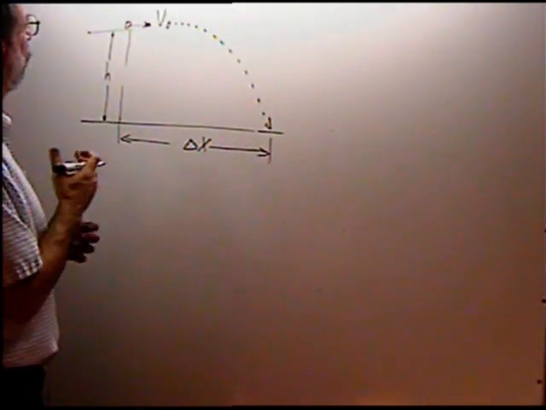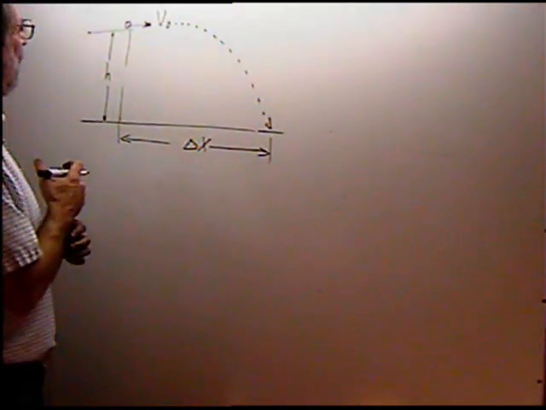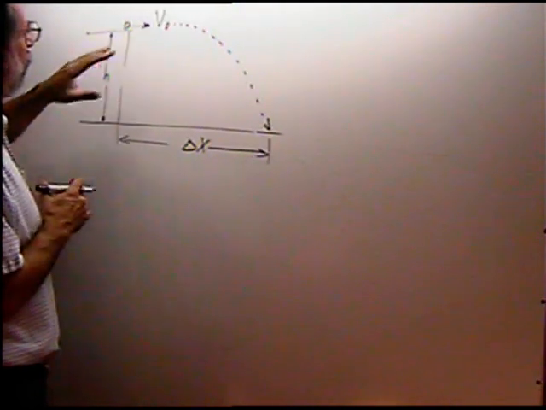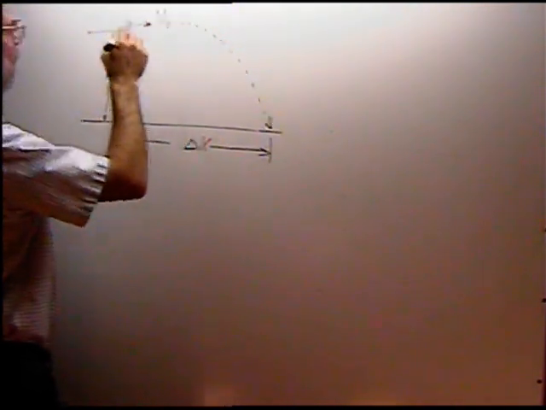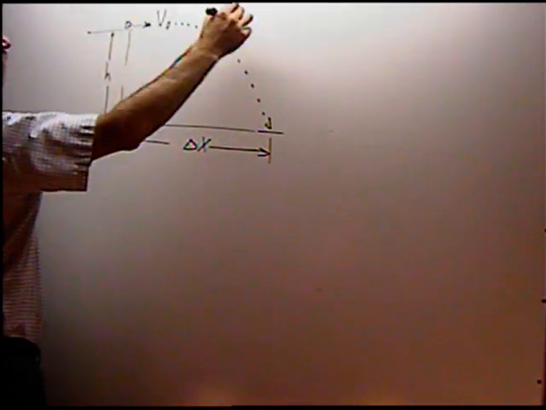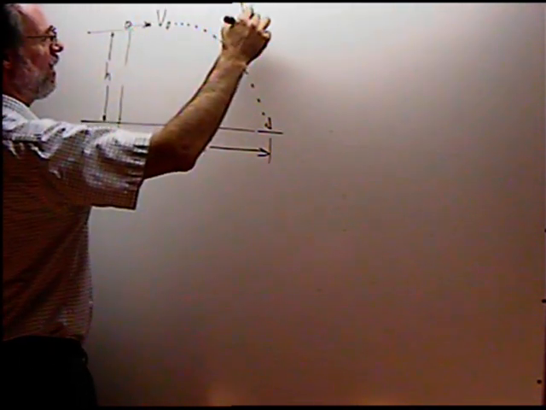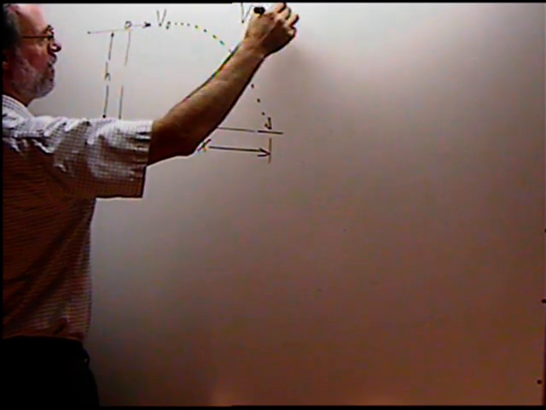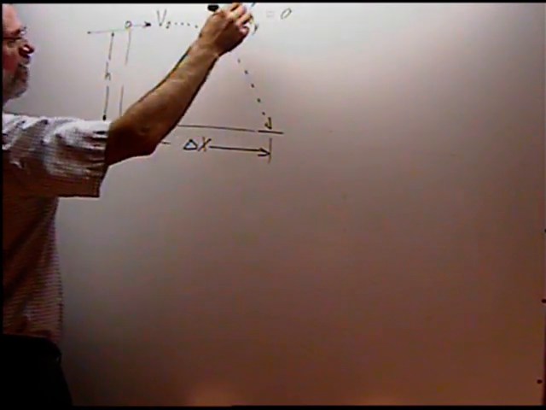Now what do we know? One thing that can aid us: what is the initial velocity in the y? It is 0. There is no initial velocity in the y.